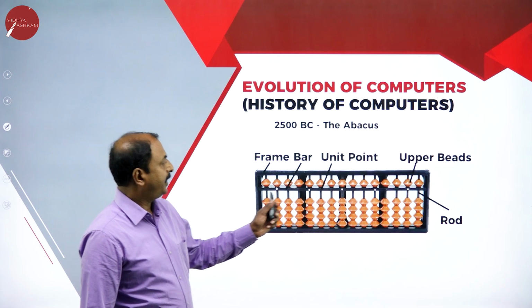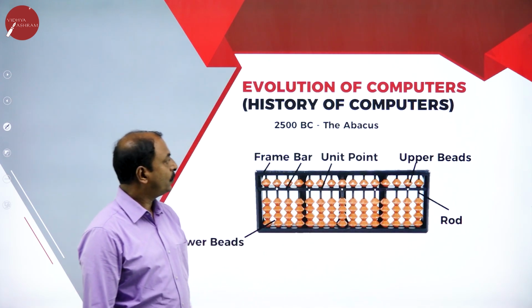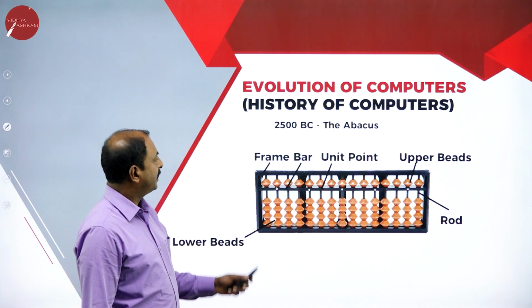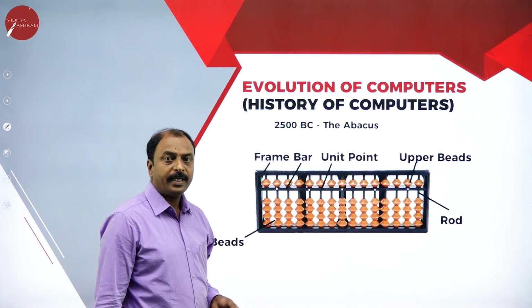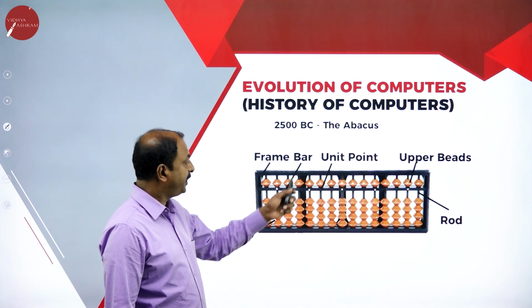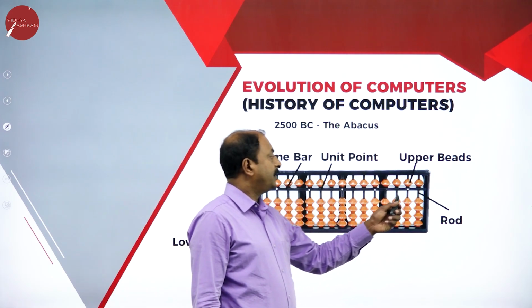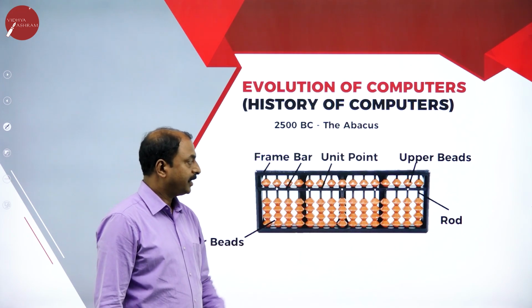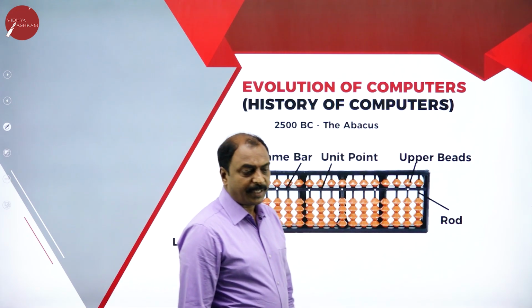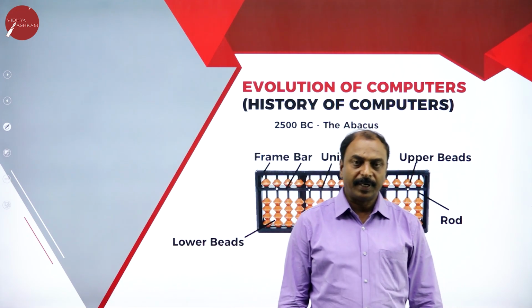Now, if you look at the picture, you know what an abacus is. It has a wooden frame, and it has strings inside, and these are wooden beads. Nowadays we are familiar with the abacus.